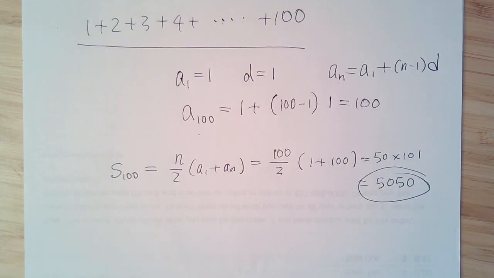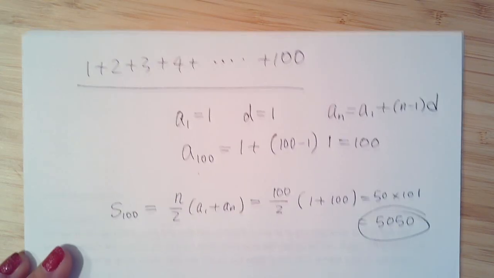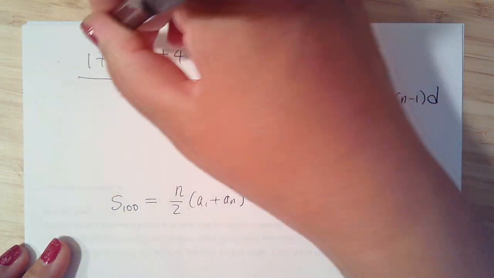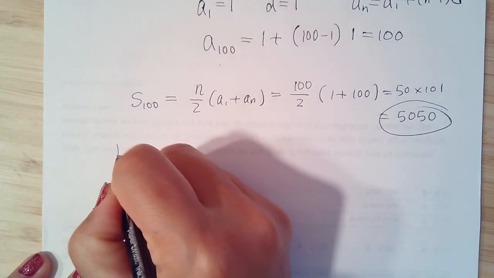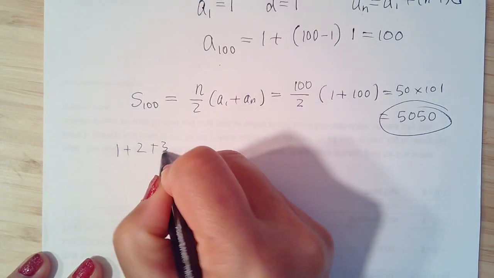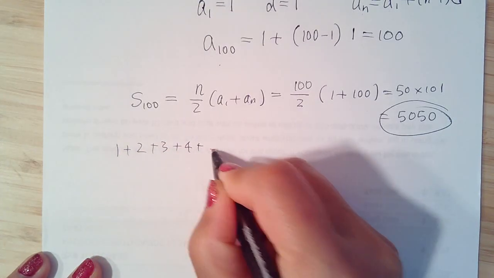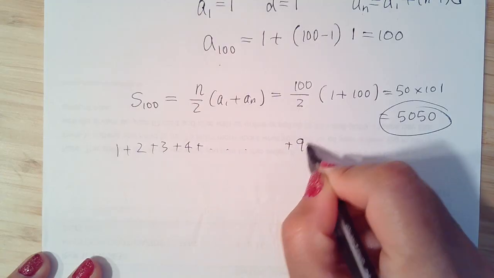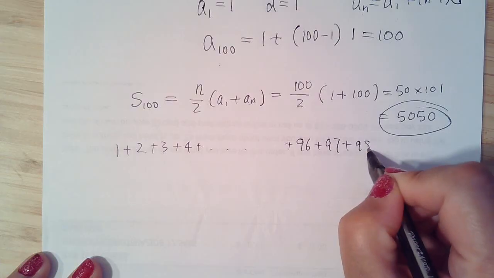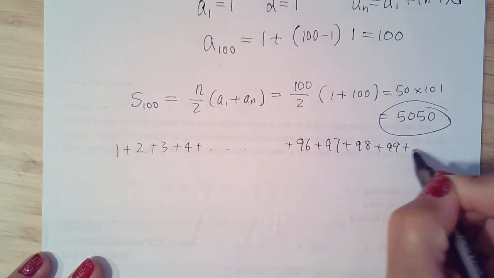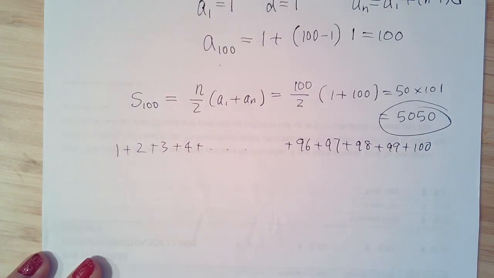Okay, how did Gauss figure that out? Let me just write it this way. You have 1 plus 2 plus 3 plus 4 plus, okay, plus 96, 97, 98, 99, 100. That's what you need to do, right? So Gauss thought, there are several ways to do it.